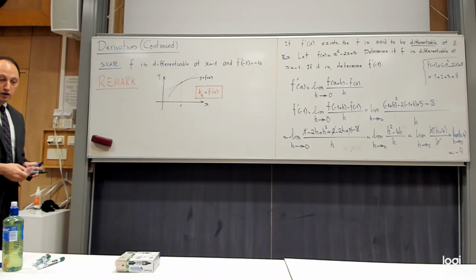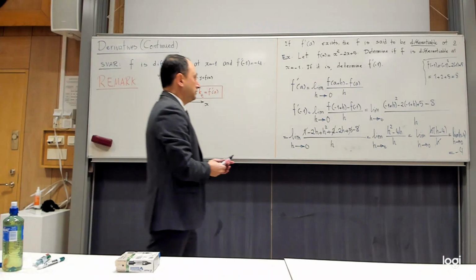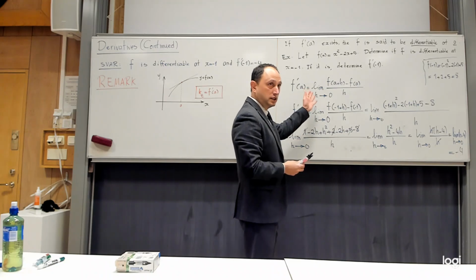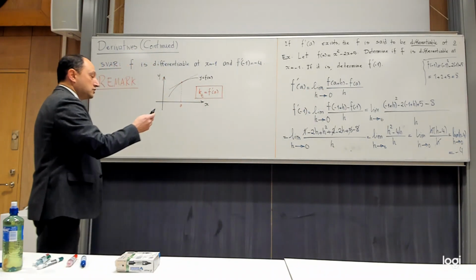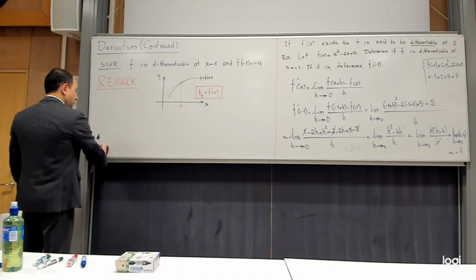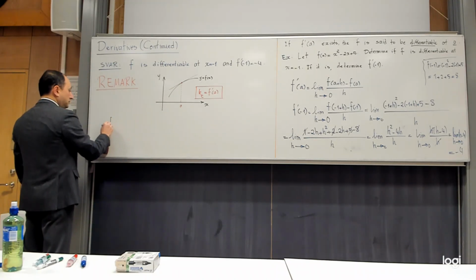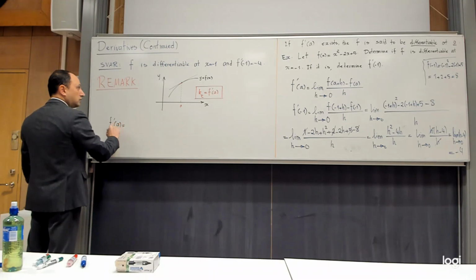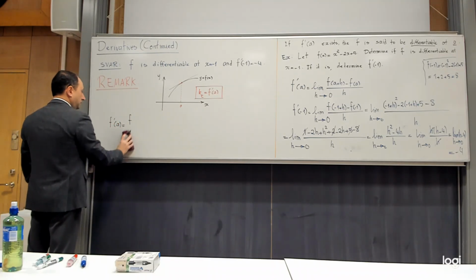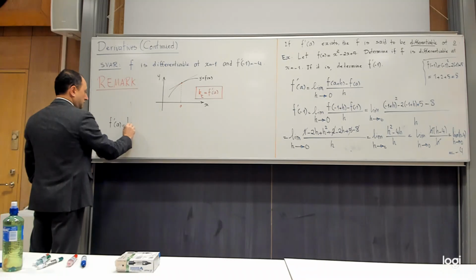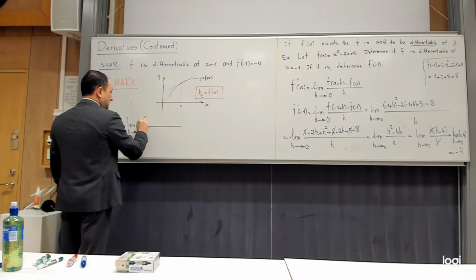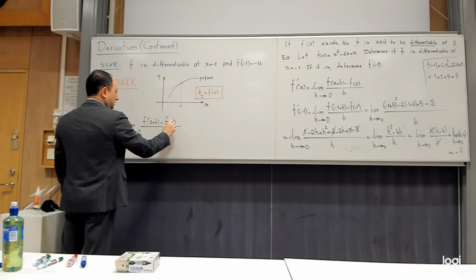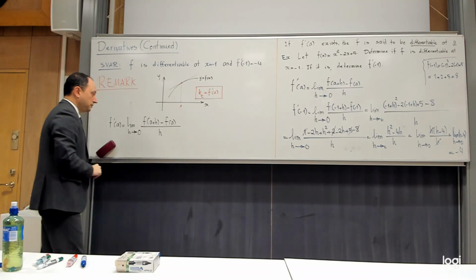And there is another alternative formula for the derivative. It's also in the formula sheet, but I want to express it here for you. So you have f prime of a equals the limit as h goes to 0 of f of a plus h minus f of a, over h.